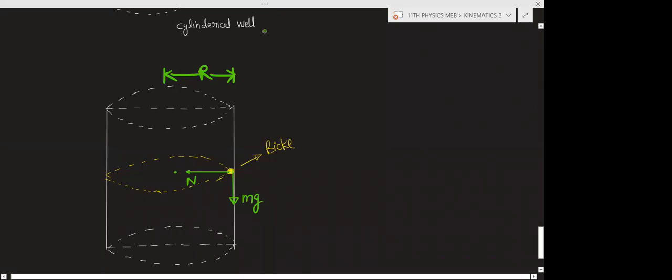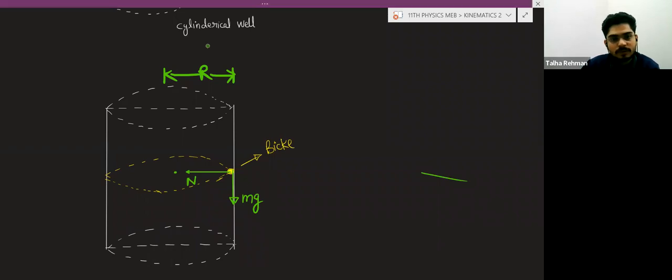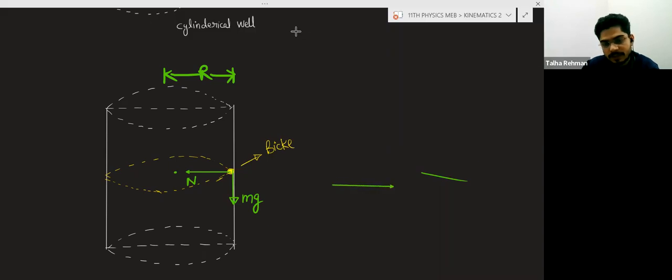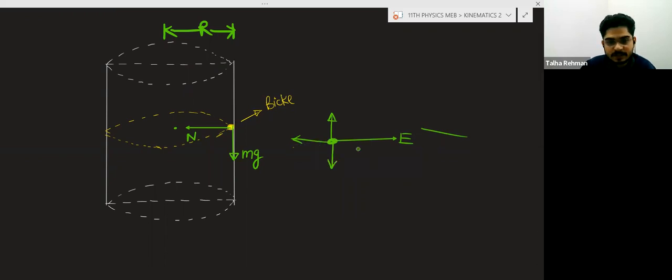Just wait. In this direction? Okay, this is east, this is west, this is north, and this is south direction, and this point is the biker.